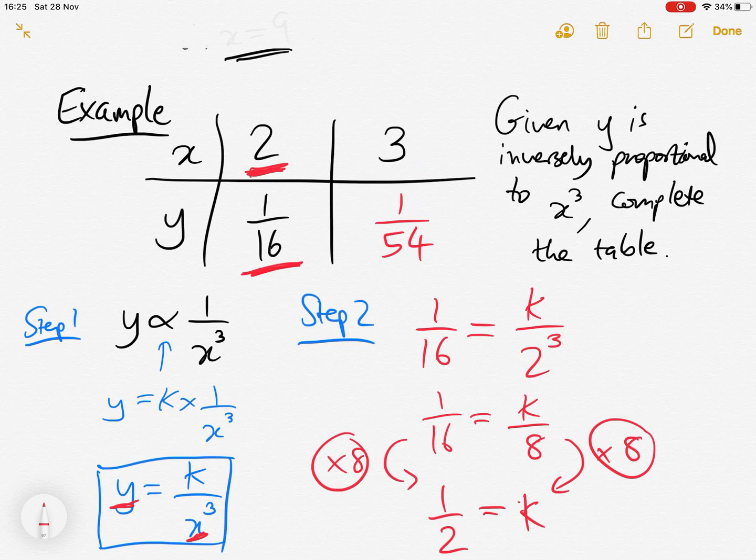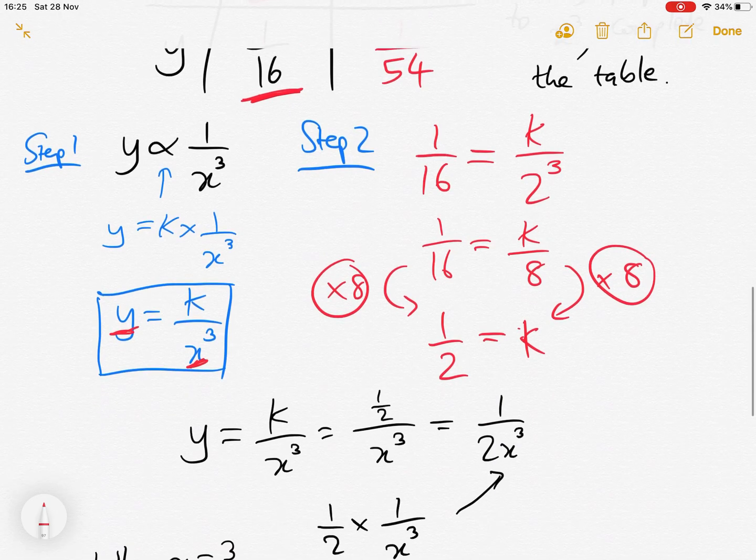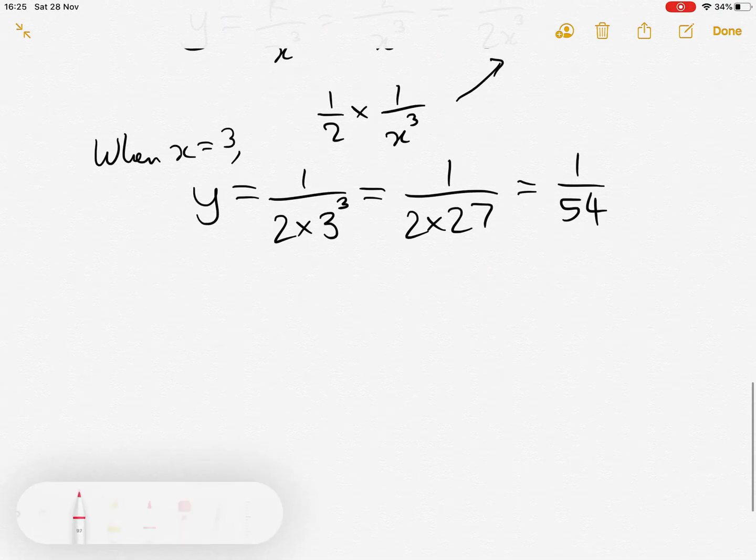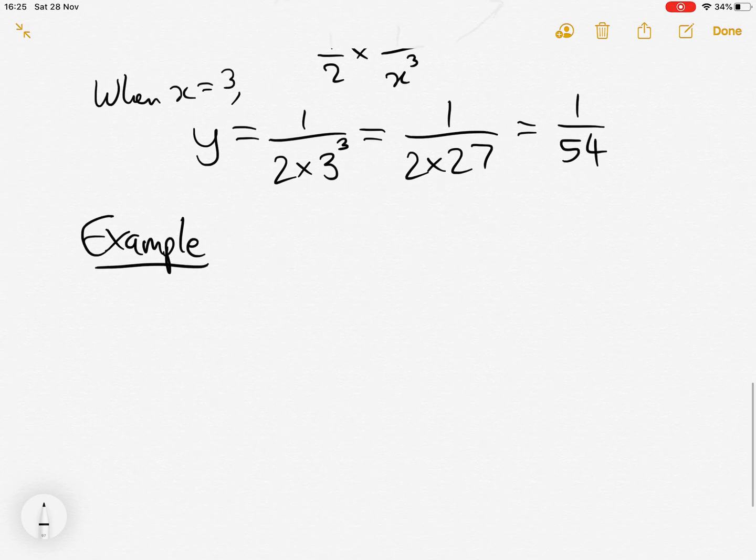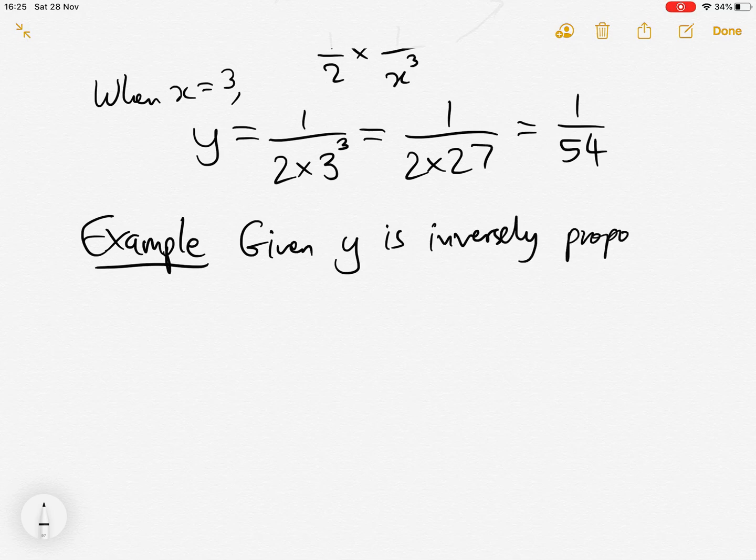And that's the answer. Okay, and we'll just look at one last question, which is, in this question, we're told, given y is inversely proportional to x, find the values of a and b.